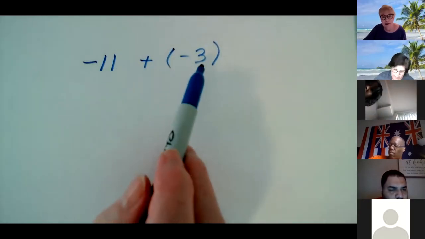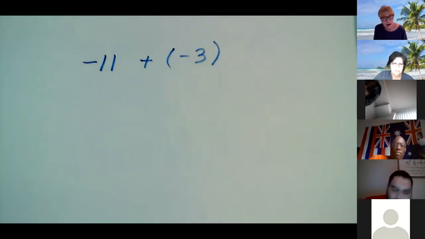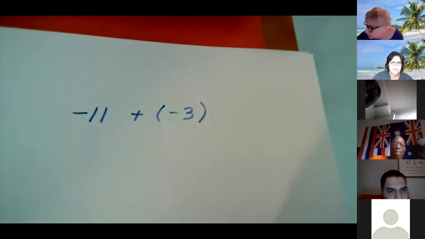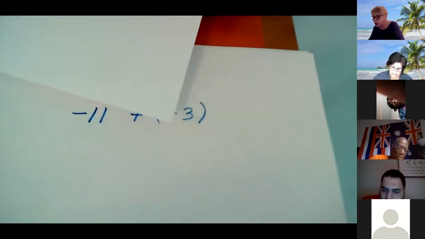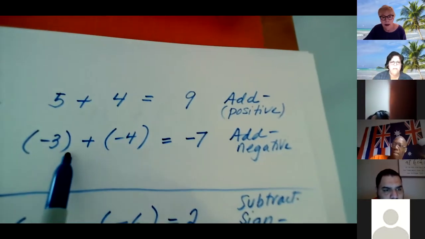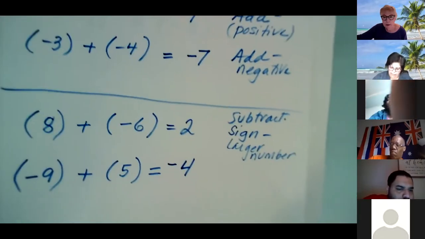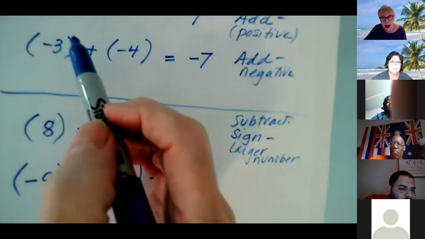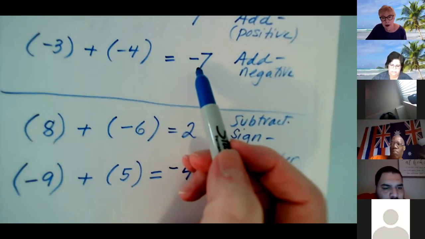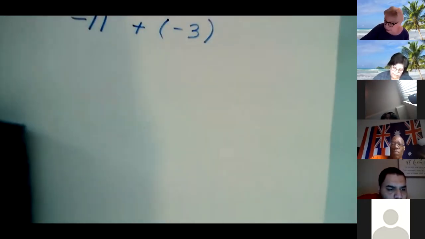So let's see about this one. This is -11, this is -3, and we're adding them. Oops. Let me get my page. When they're both negative, what you're supposed to do is add the absolute value and call it negative. So we're learning.